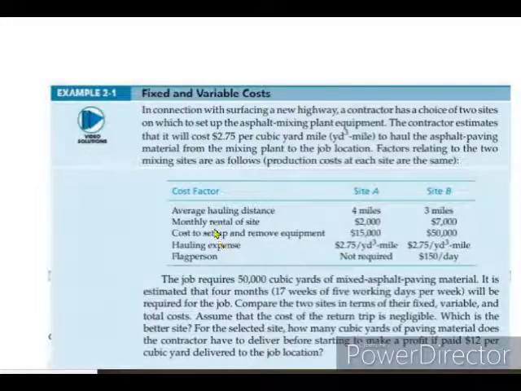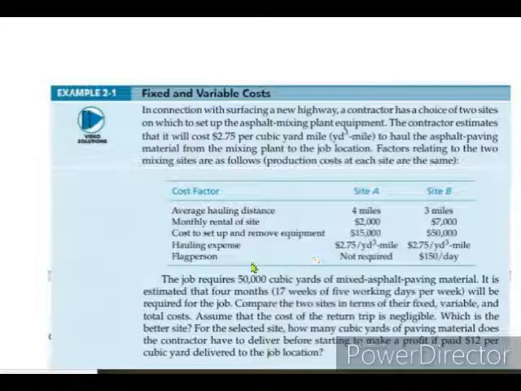So here are the cost factors. Average hauling distance. From site A, it's 4 miles. From site B, it's 3 miles. Monthly rental of site. Okay, $2,000, $7,000. Next, cost to set up and remove equipment. So $15,000 and $50,000. Hauling expense. So that's it.